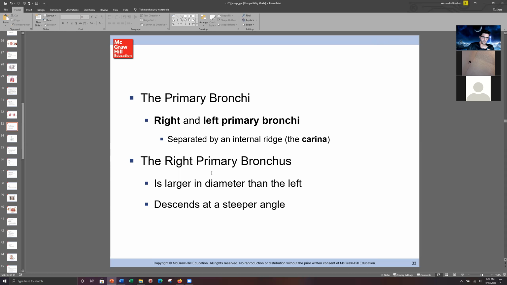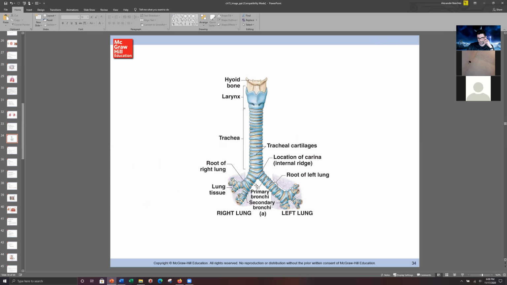The right primary bronchus is larger in diameter than the left and descends at a steeper angle as well. The left primary bronchus is a little bit smaller and at a shallower angle, presumably because lots of our cardiac vasculature is exiting the heart and trying to enter the lungs on this side.